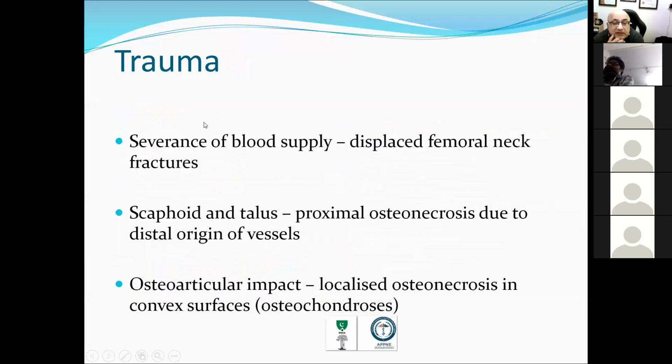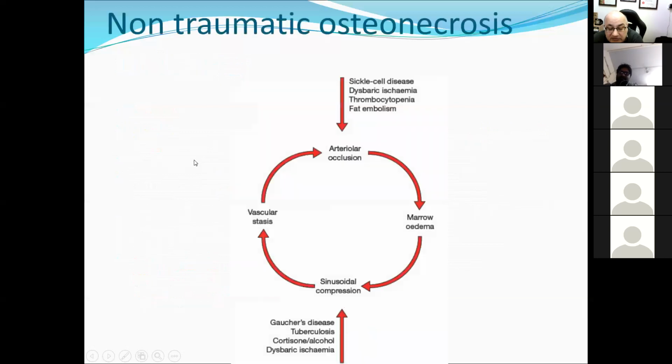Okay. So what happens in trauma? The blood supply goes in a displaced neck of femur fracture, or in other small bones. Because of that, there is local osteonecrosis on the convex surface of these bones. It is called osteochondrosis. It is not infection, but osteochondrosis or blood supply.